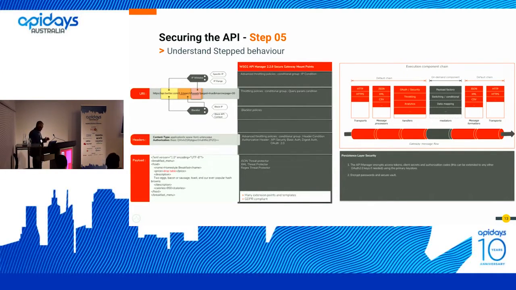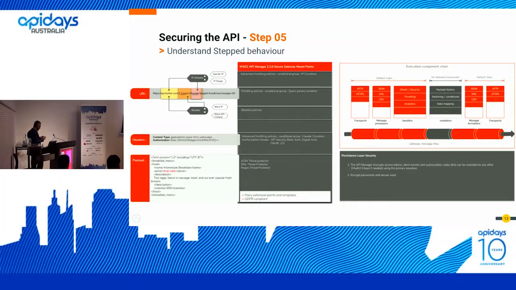This is the WSO2 API Manager implementation, but in most products there will be a set of intercepting filters, like building blocks, sitting on the API request path, applying different policies. It can be protocol validations, header validations, and then throttling validations. Before the throttling there will be security validations and things like that.